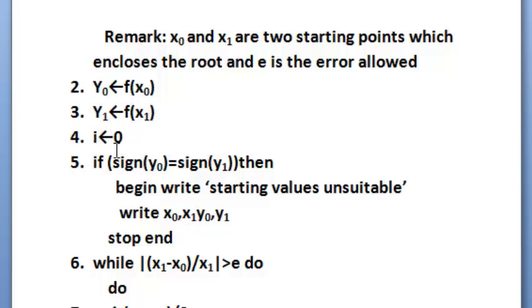Now we start our iteration with I initialized to 0. Then we check the if condition: if sign of y0 equals sign of y1, then we write that the starting values are unsuitable, or this is an invalid interval. Now we write the values of x0, x1, y0 and y1. Now we end this condition.